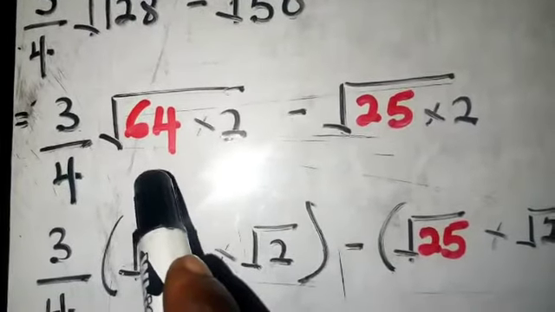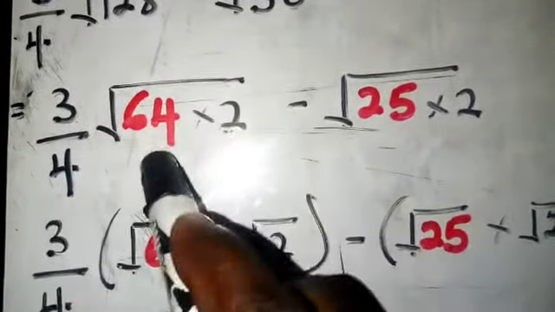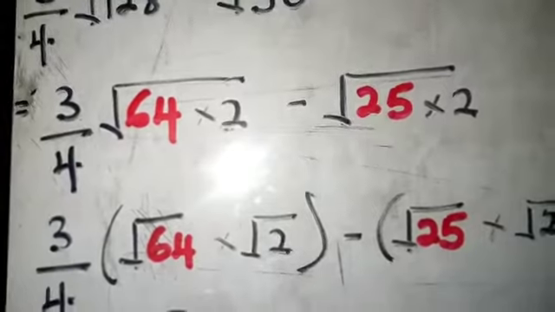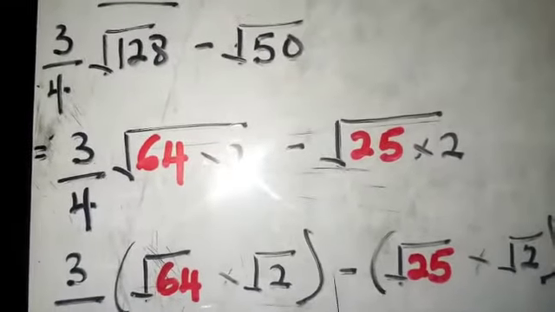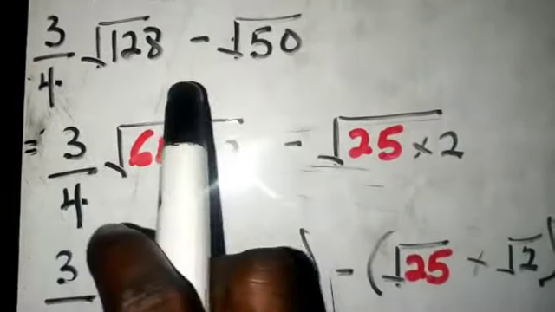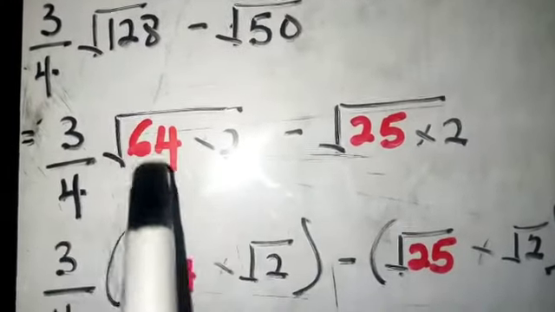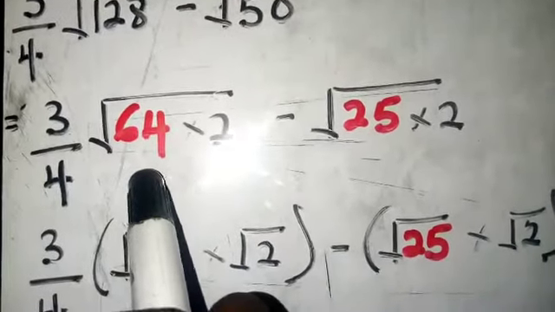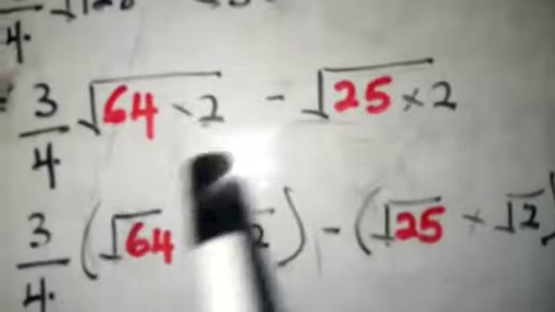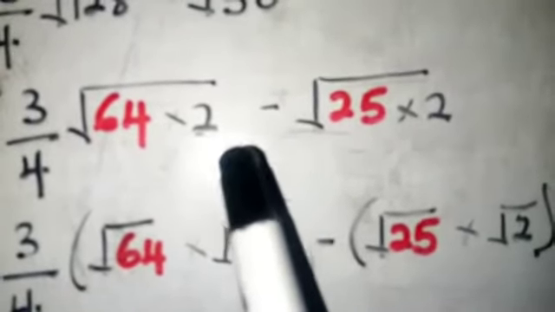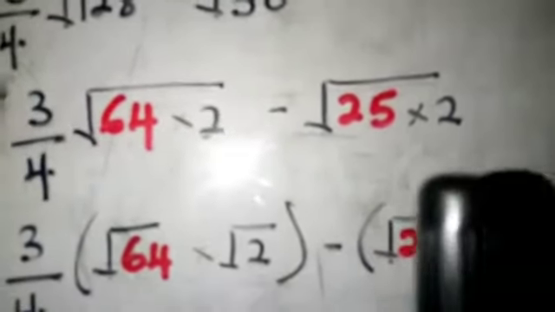What I call a perfect square is that when I take the square root of that number, it will give me a whole number, which we'll have a look at in a few minutes. The other one has to be already in simple form, right? In that case, you cannot do anything about it again.